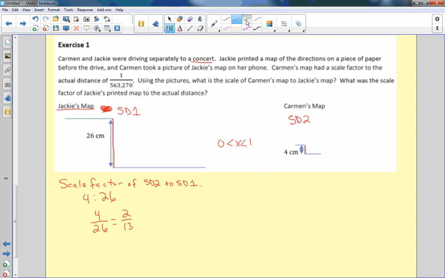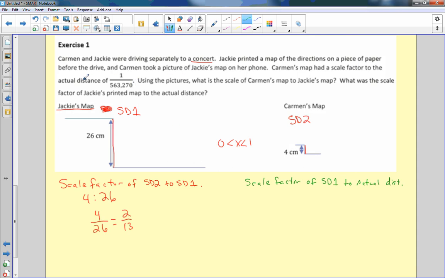So over here, I want to do a scale factor of SD1 to the actual distance. We already know 2 to the distance.